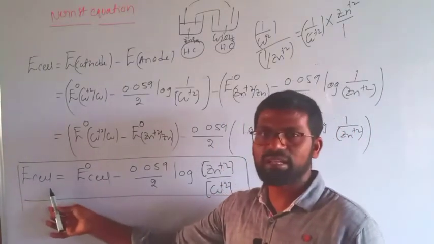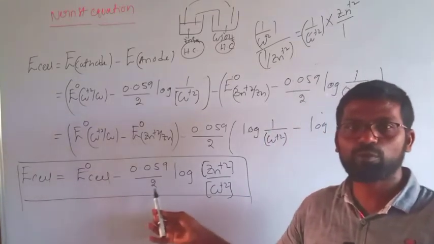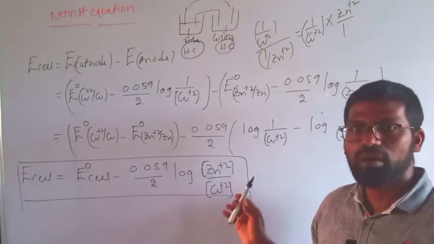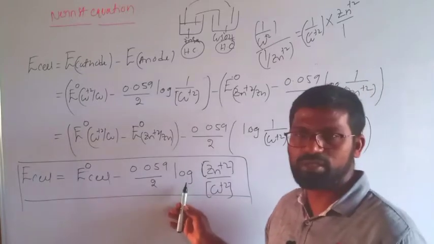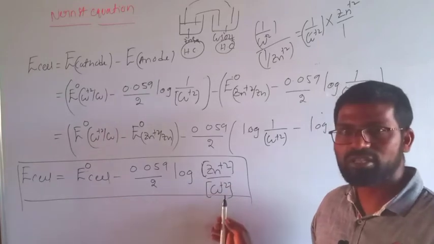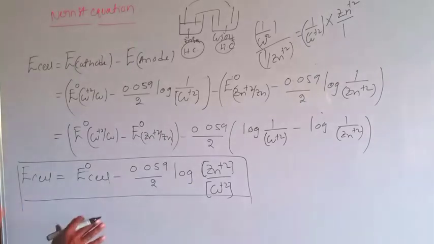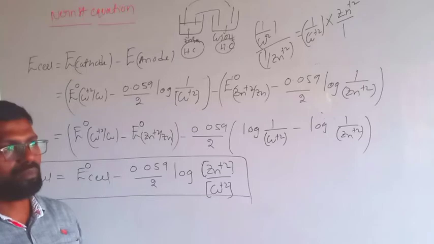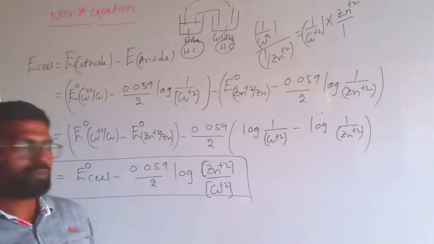Electrode potential of the cell is equal to standard electrode potential of the cell minus 0.059 by 2 log Zn plus 2 concentration by Cu plus 2 concentration, that is, log of molar concentration of anodic solution by molar concentration of cathodic solution. This equation is very important, and it is very helpful for most of the numericals based on the Nernst equation. So the derivation part is very important.